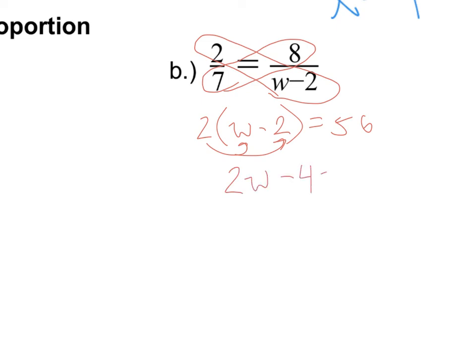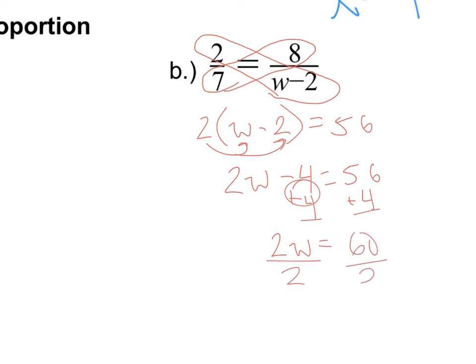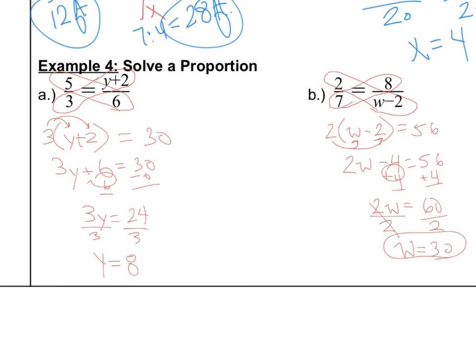Pay attention to your signs. Equals 56. Adding 4. That zeroes out. 2w equals 60. Divide by 2. W equals 30. Okay? So there you have it. You've solved that proportion. Those two are pretty much both the same.